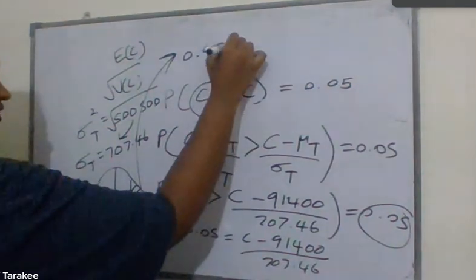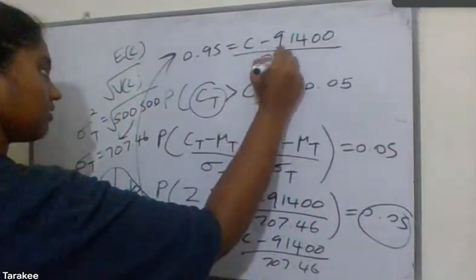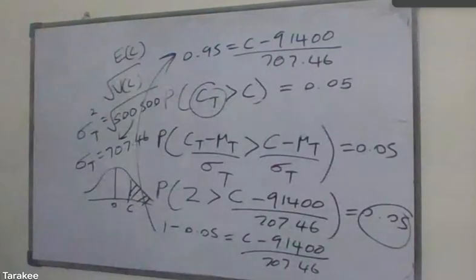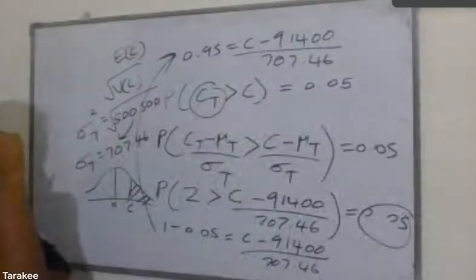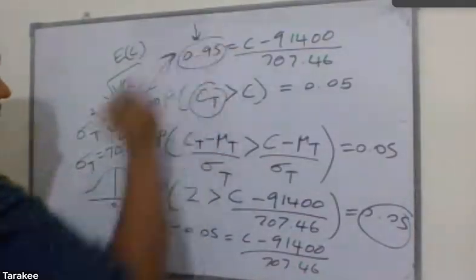So once you solve this one, you get 0.95 equals C minus 91,400 over 707.46. You simplify this one. Sorry, the 0.95 probability is what we take here.